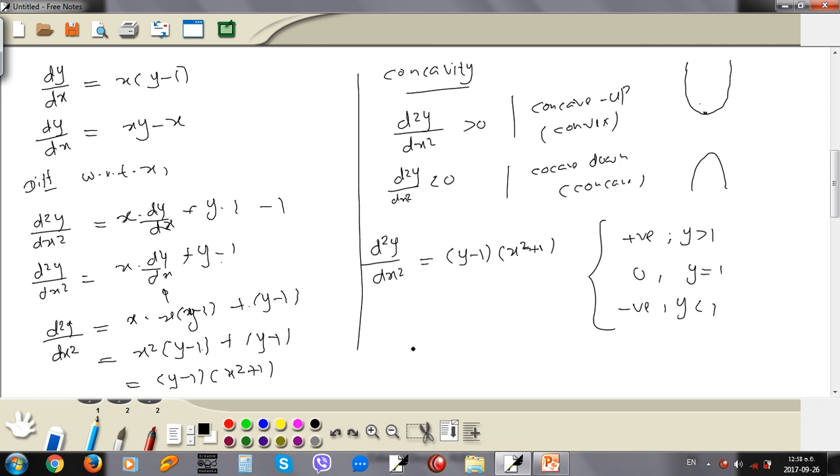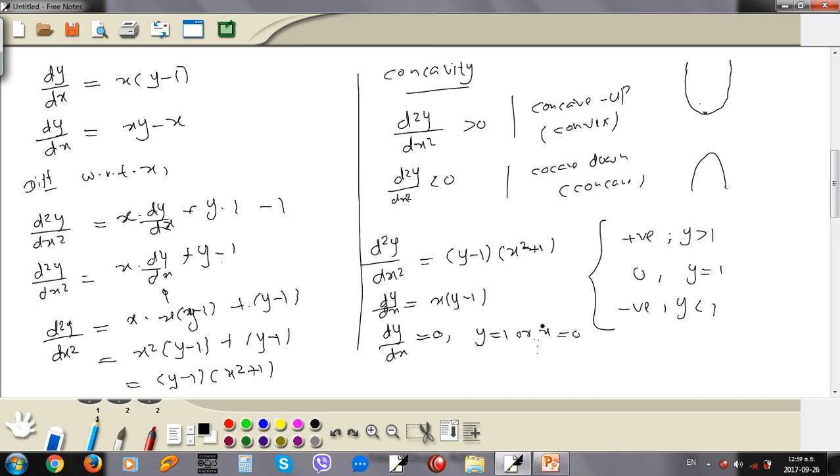Now if we consider dy by dx equals 0, what happens? dy by dx means x times y minus 1, so y equals 1 or x equals 0.